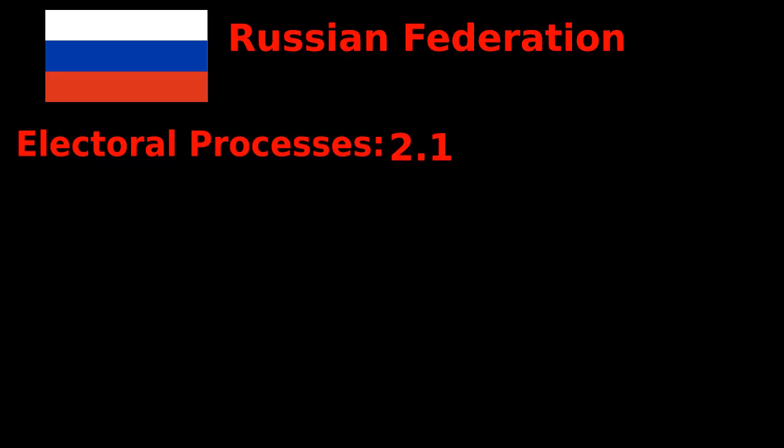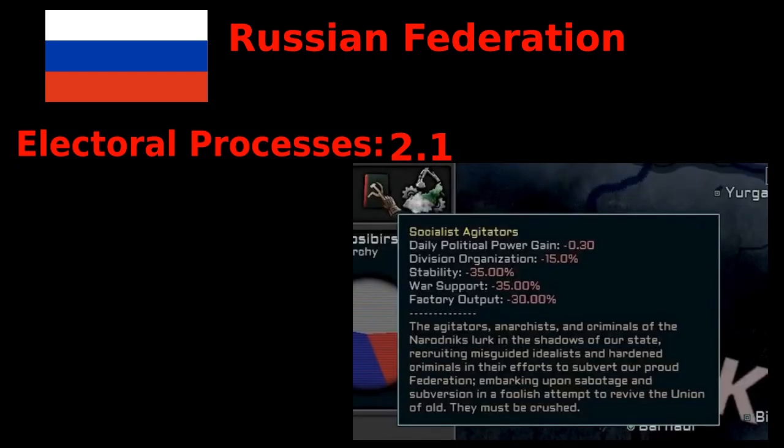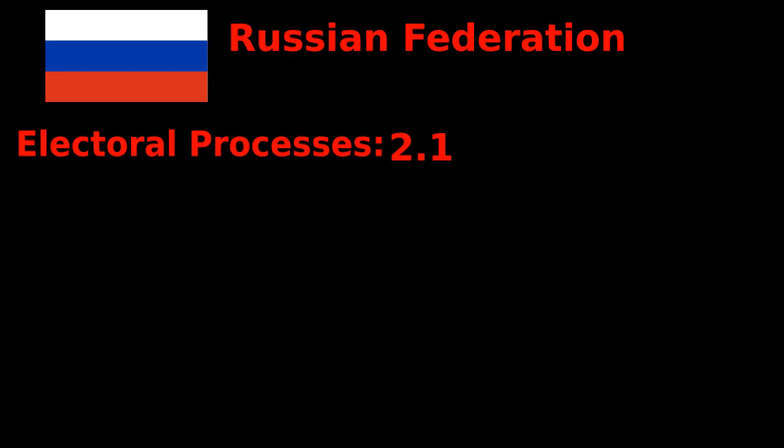Uncontrolled opposition does exist, such as the socialists and the Narodniks, but it's often plagued by infighting to the point where it fails to gain any prominent position in the nation's politics.